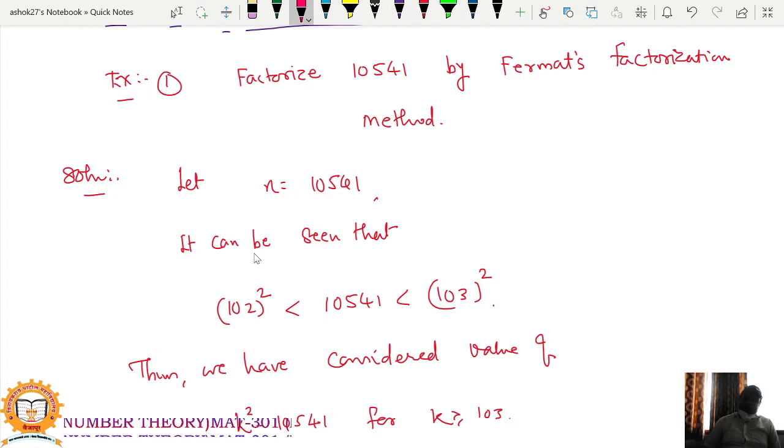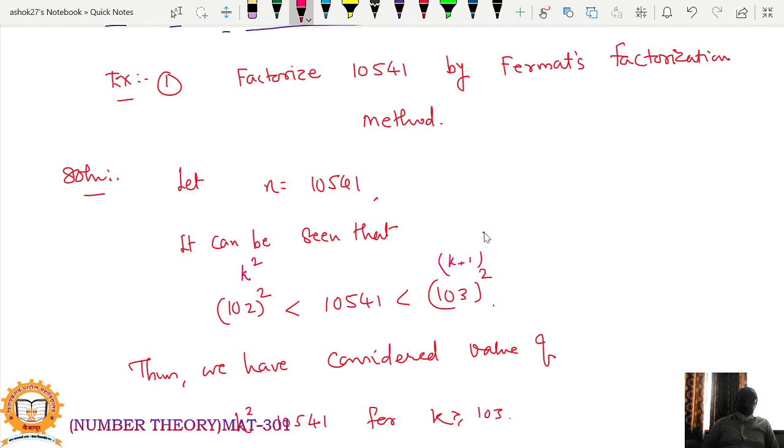So what you have to do? You have to find two consecutive integers whose squares are such that this integer n lies in between them. If this integer is k, then the other should be k plus 1. So these are the squares of these integers, k square and k plus 1 square.